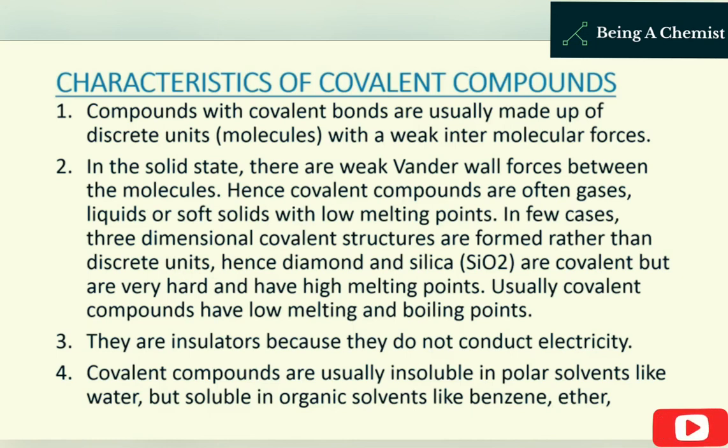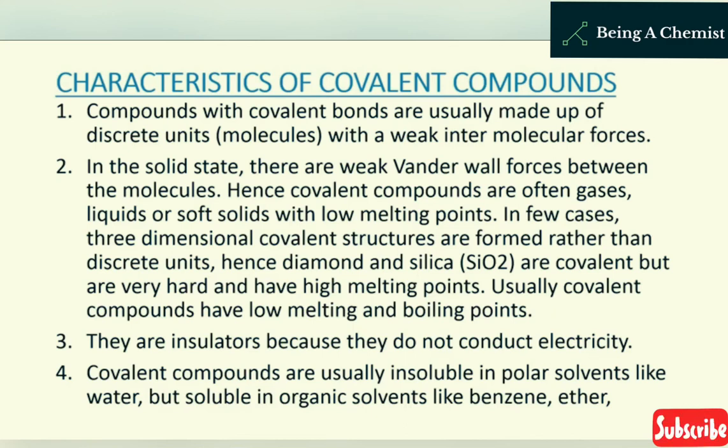Hence, covalent compounds are often gases, liquids, or soft solids with low melting points. In a few cases, 3-dimensional covalent structures are formed rather than discrete units, that is molecules. Hence, diamond and silica, that is SiO2, are covalent but are very hard and have high melting points. Usually, covalent compounds have low melting and boiling points.